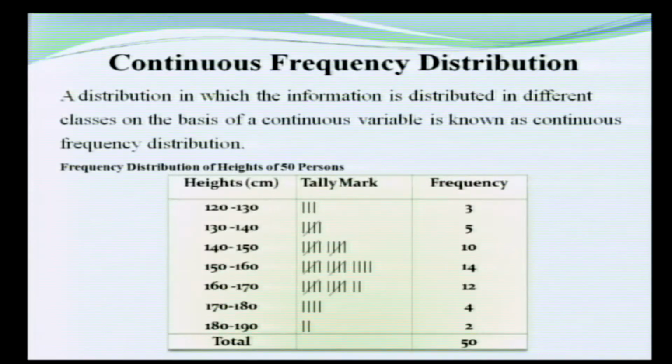The second one is the continuous frequency distribution. As with the discrete frequency distribution, if we have data and we arrange it in terms of frequency distribution for a variable that is continuous in nature, the frequency distribution is known as the continuous frequency distribution.